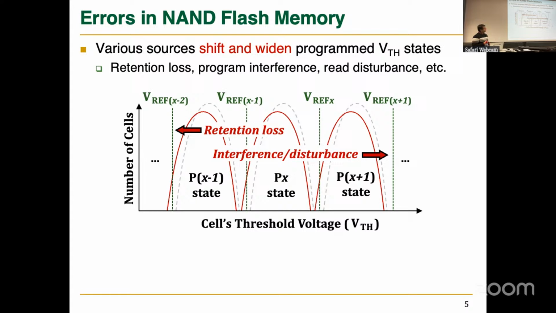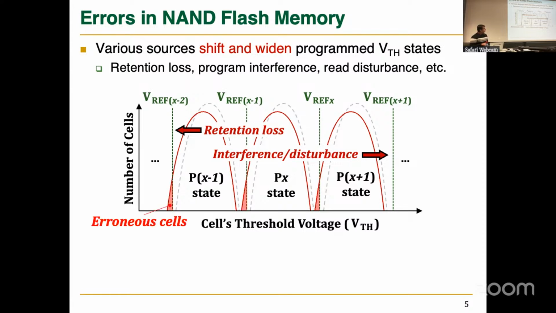Some error sources: you have retention loss because the charge doesn't remain in the charge trap layer. Basically the charge leaks, and you see the threshold voltage changing for some cells. There is also interference and disturbance, where you see the threshold voltage increasing for some of the cells because programming or read disturbance causes these cells to move to the right of where they are.